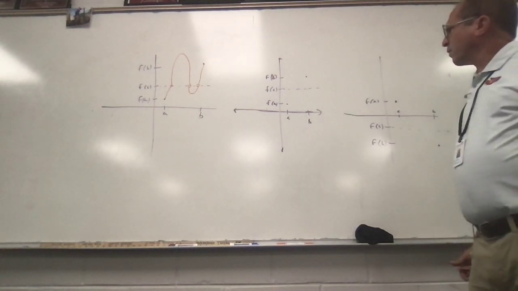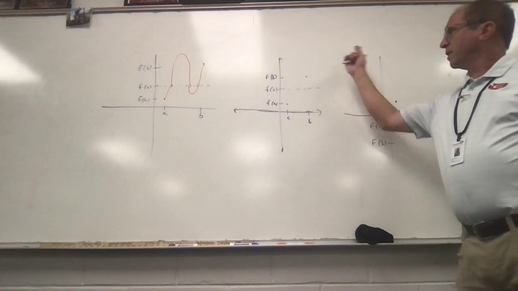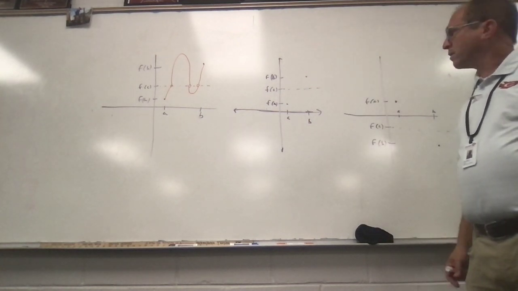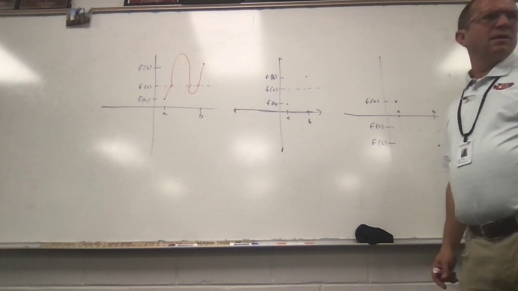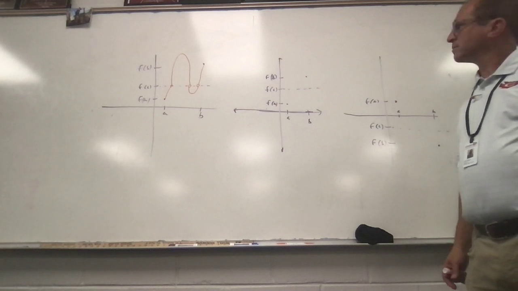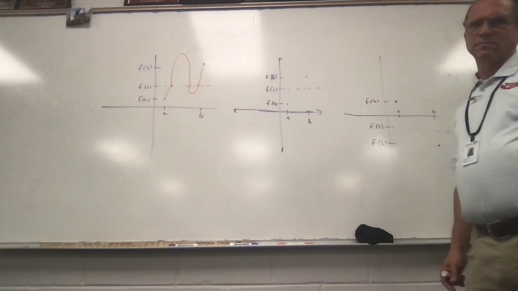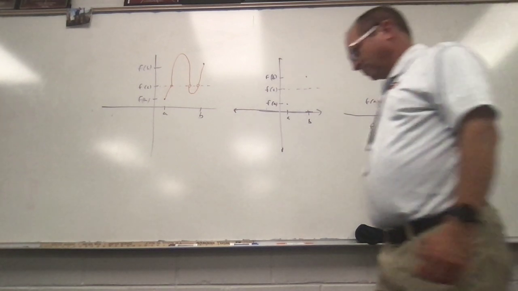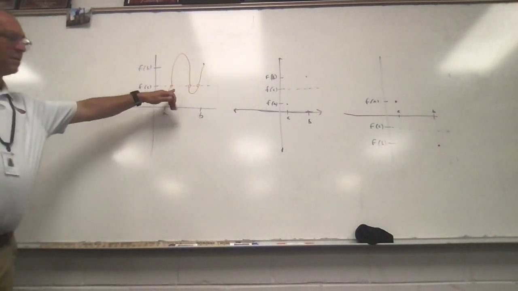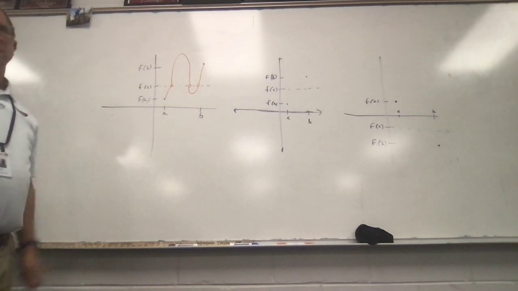Can y'all think of another way I could possibly get from f of a to f of b without touching f of c? All right, well, this is a removable discontinuity, right?